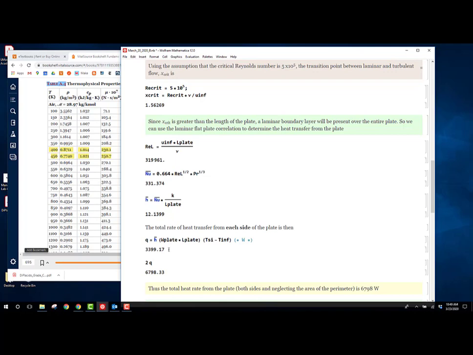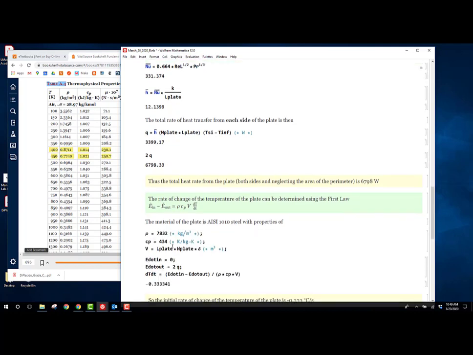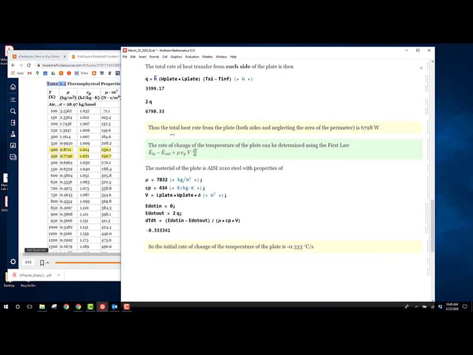To get the total heat transfer from the plate, we have to multiply that by 2 to account for both sides of the plate. So I state here in the yellow, the total heat rate from the plate with both sides, and of course we're neglecting that small area of the perimeter, but it is very, very small with respect to the area of the two sides, is 6,798 watts.